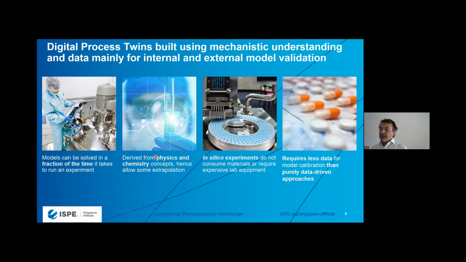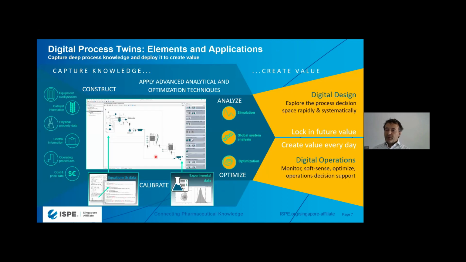So just to give you a bit of an idea, when we talk about a digital process twin, what is actually inside a digital process twin? This is lots of different things. We have, of course, information on the equipment, which could just be volume, heat transfer area, the mass of the equipment for thermal inertia.